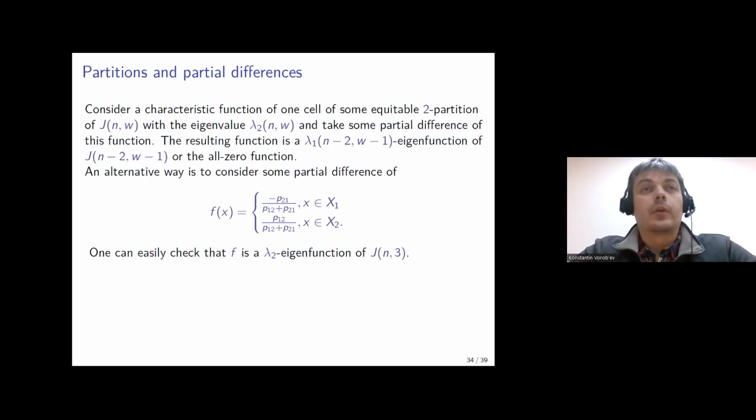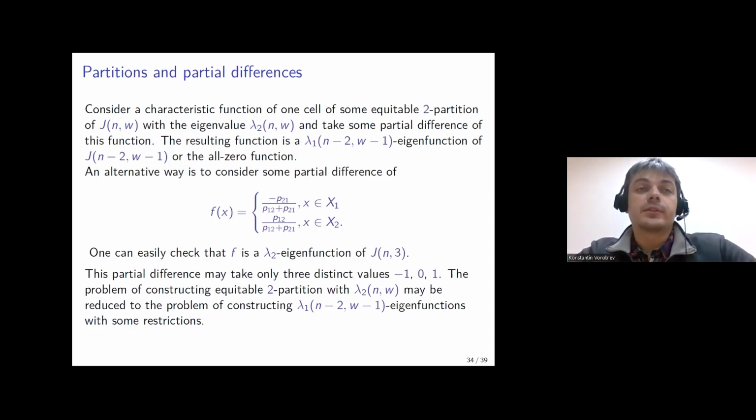So the idea is to take our partition, consider a characteristic function of one cell of this partition, and just take a partial difference of this characteristic function. An alternative way is to consider a partial difference of the following function f, where f is a lambda 2 eigenfunction of a Johnson graph, and it depends on elements of the quotient matrix.